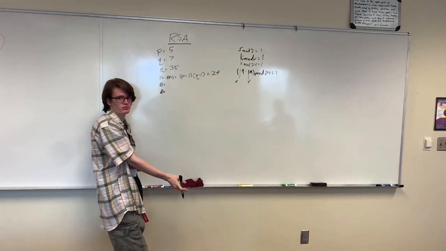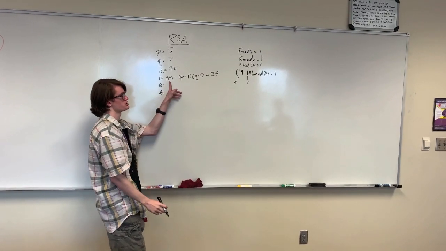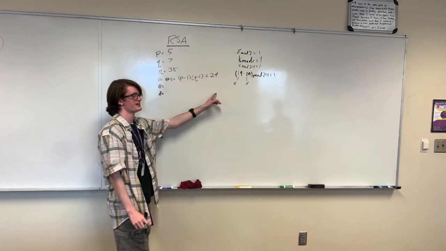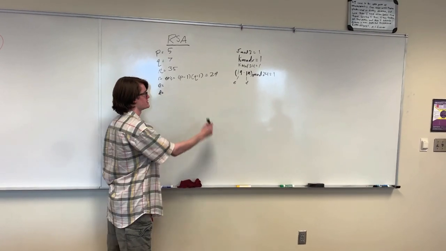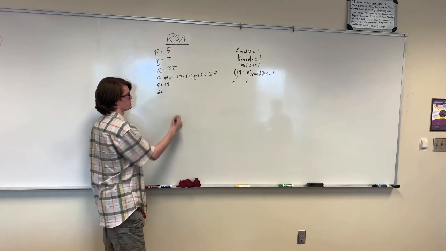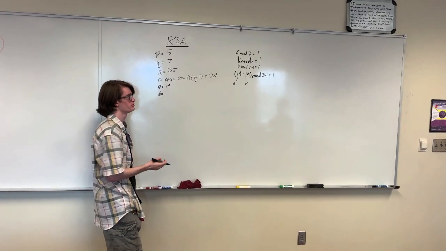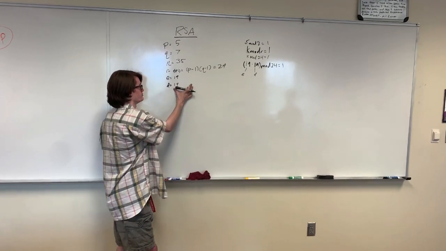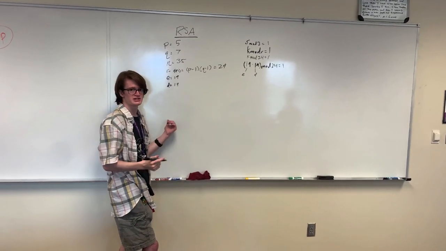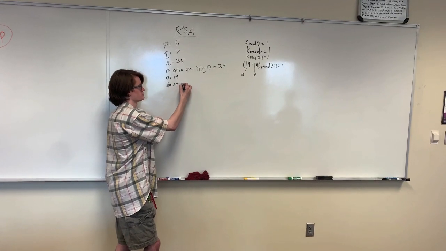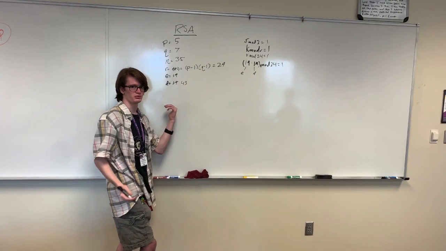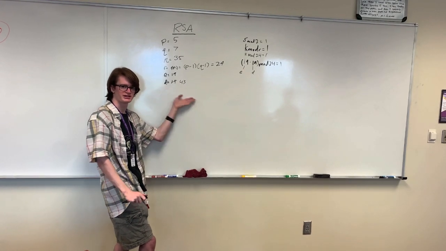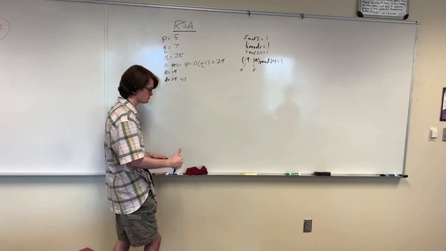E has to be greater than 1, E has to be coprime to the totient of N, which in this case is 24, and it must also be less than the totient of N. So 19 works for E. In the example given, D in this case is also 19. But the reason we don't use 19 is just that way we don't confuse you. We could still use 19 and it would work, but it's a lot easier to just work with 43 in this case. So that way we're not writing 19 a bunch of times.